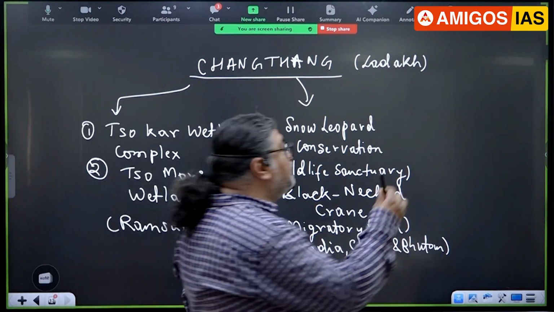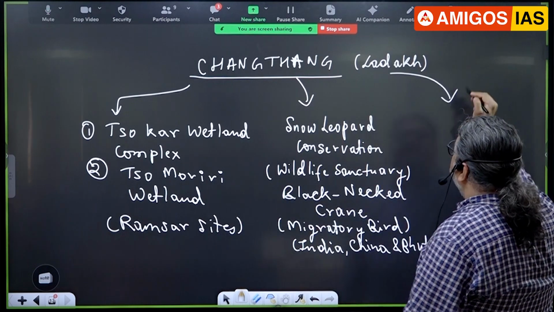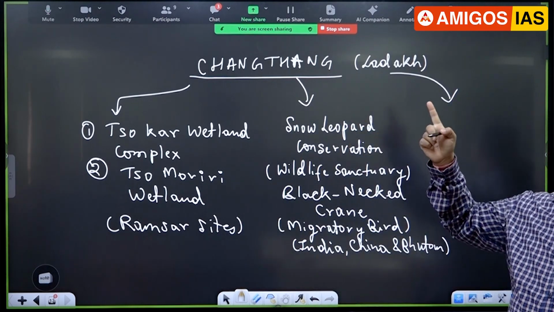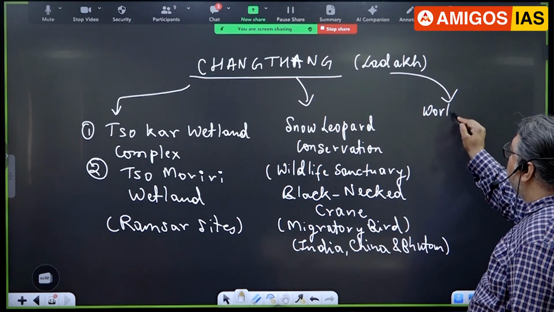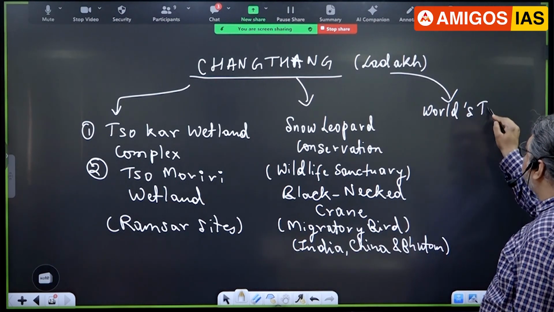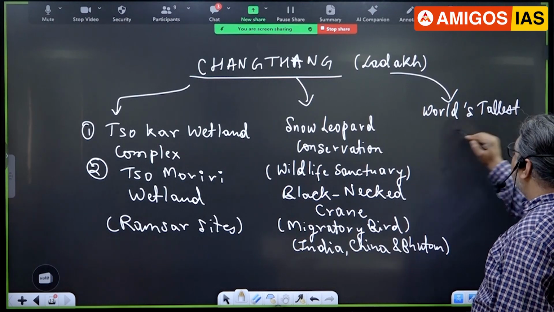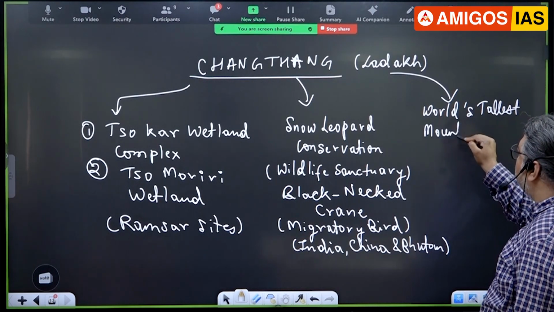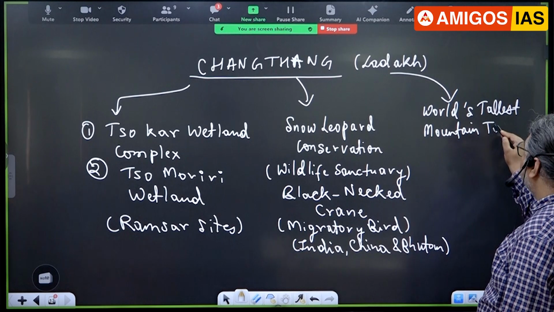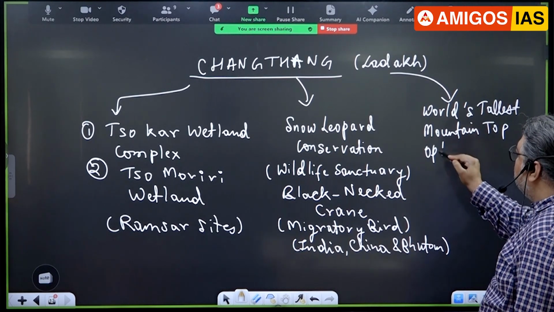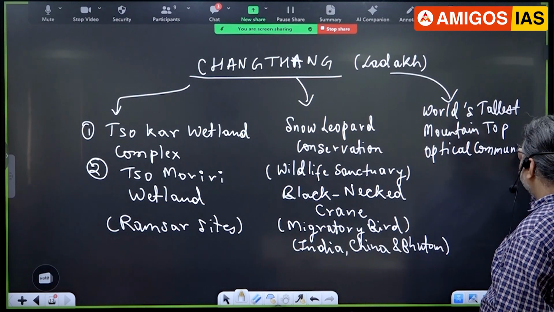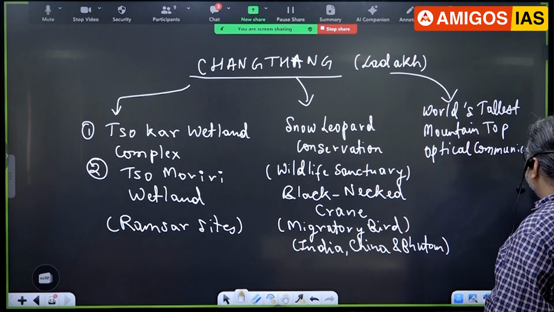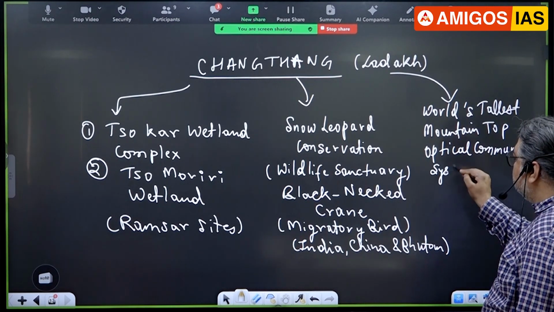Again, what is very important here about Changthang? Another one which I am giving here: the world's tallest mountain-top optical communication system.